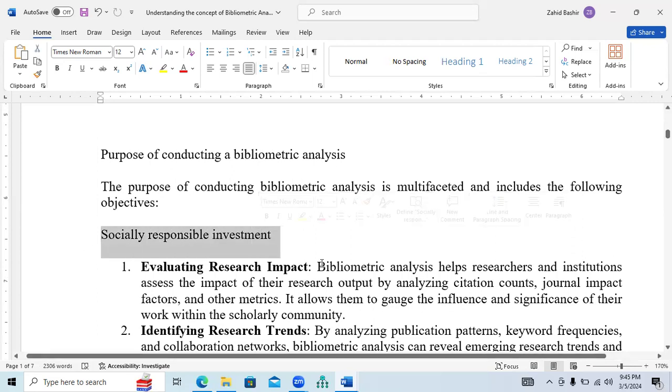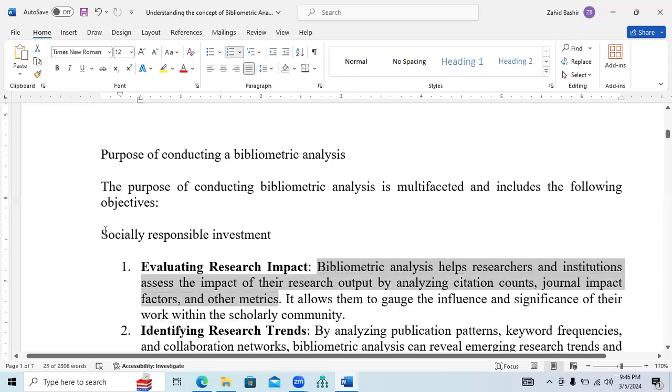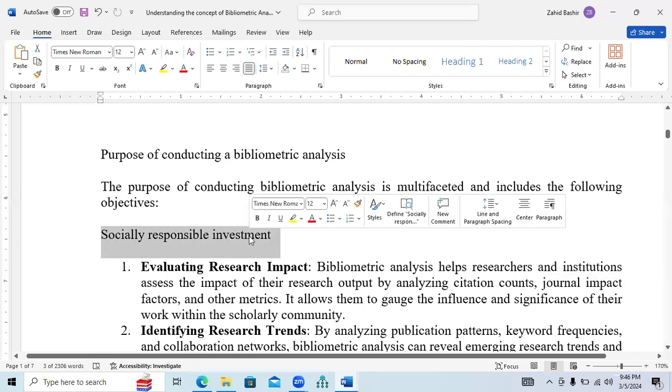Bibliometric analysis helps researchers and institutions assess the impact of their research output by analyzing citation counts, journal impact factors, and other metrics. So if this area is producing very high citation counts, relevant journal impact factors, and other metrics, it means this area is very impactful and I need to do research on it.